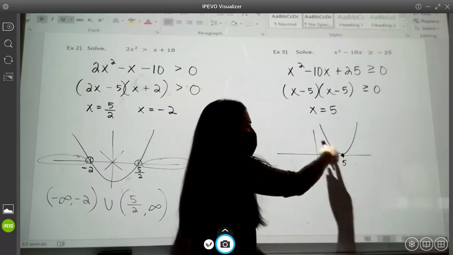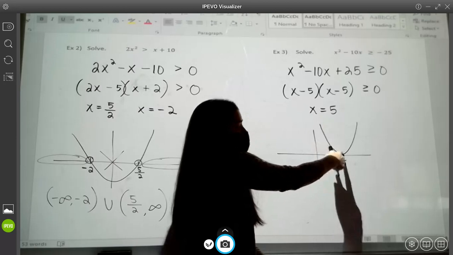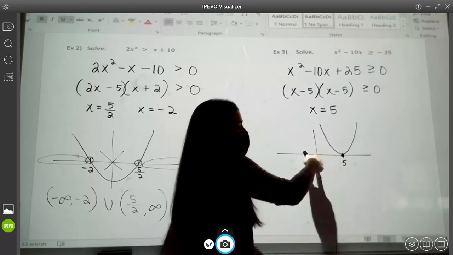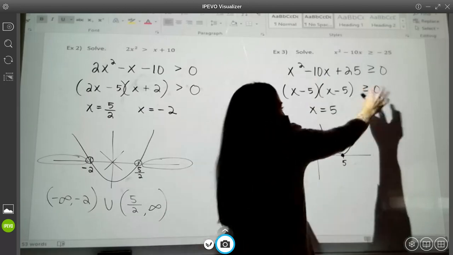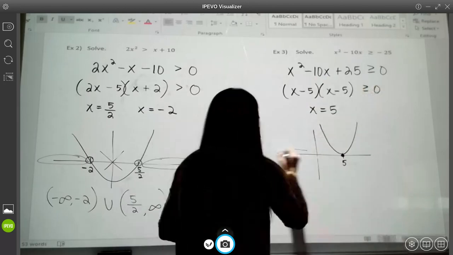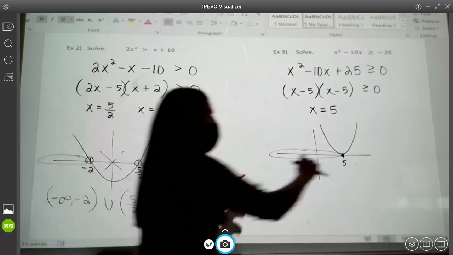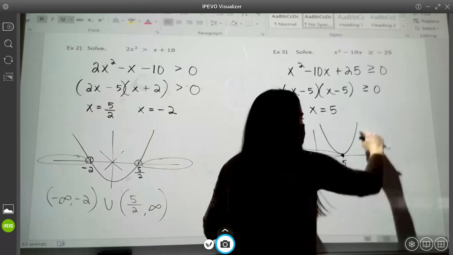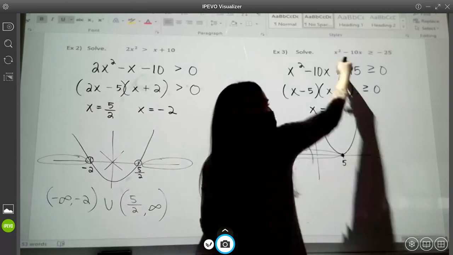And what if you plug a number to the right of 5 in? What kind of values come out? Positive. Are positive numbers greater than or equal to 0? Yeah. So guys, look, these numbers were good, 5 was good, and all of those numbers are good. What numbers make this inequality true? All real numbers. Negative infinity to positive infinity.